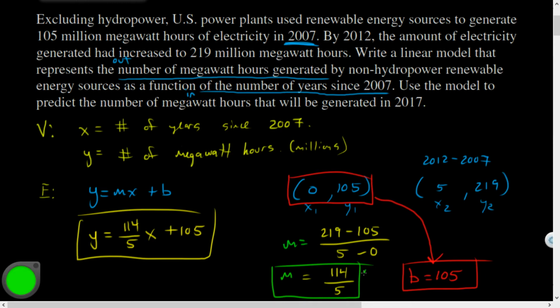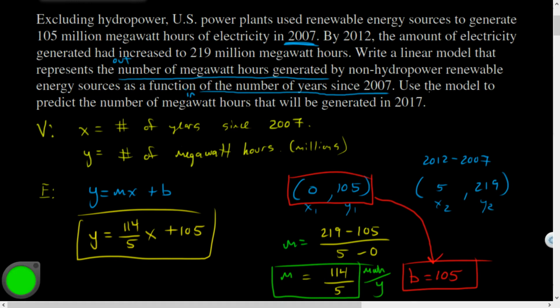This is in megawatt hours per year, MWHs over year, measured in millions of megawatt hours. So that means on average, they were making an extra 114 for every 5 years. All right, so that's what that means. And the 105, we already know what that represents. That was just in 2007.